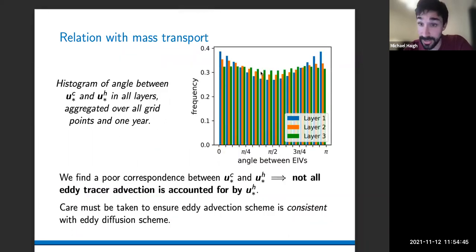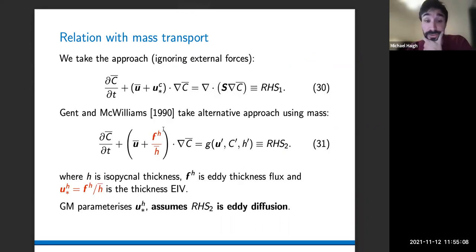What we see here is that essentially these two vectors are very, very weakly related. The correspondence between U star C and U star H is very weak. What this tells us then is that not all eddy tracer advection is accounted for by this mass-determined eddy-induced velocity. What it tells us more generally is that care has to be taken when parameterizing eddy-induced advection and eddy-induced diffusion.